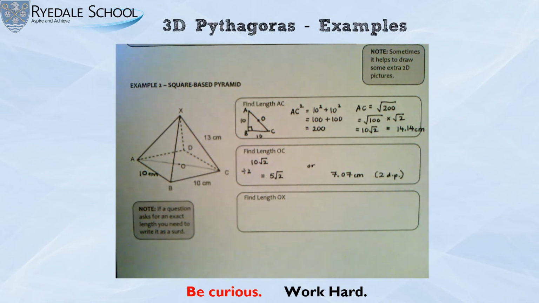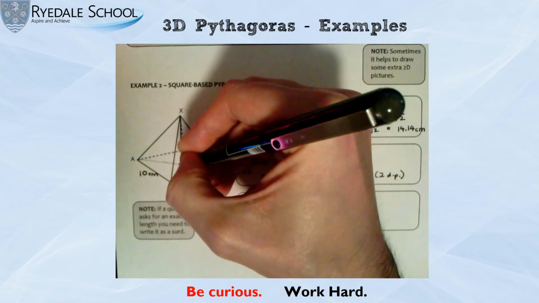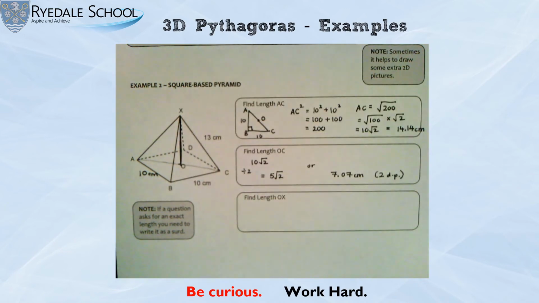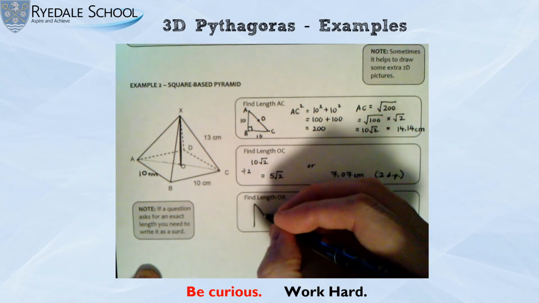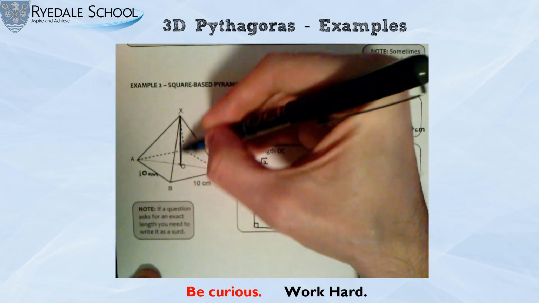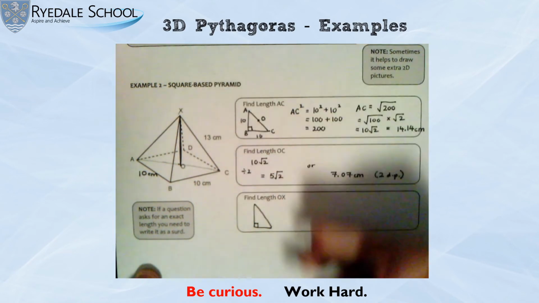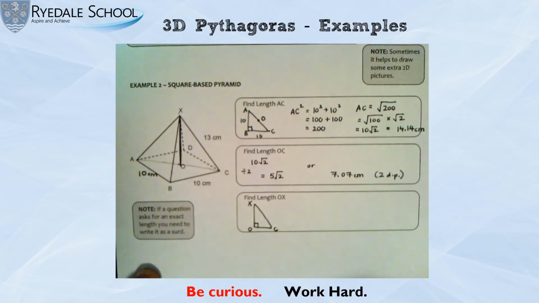Okay, finally, our last question is work out the length of OX. And I'm going to draw another triangle here. The triangle I'm going to draw is XOC. There's some numbers that we already know.